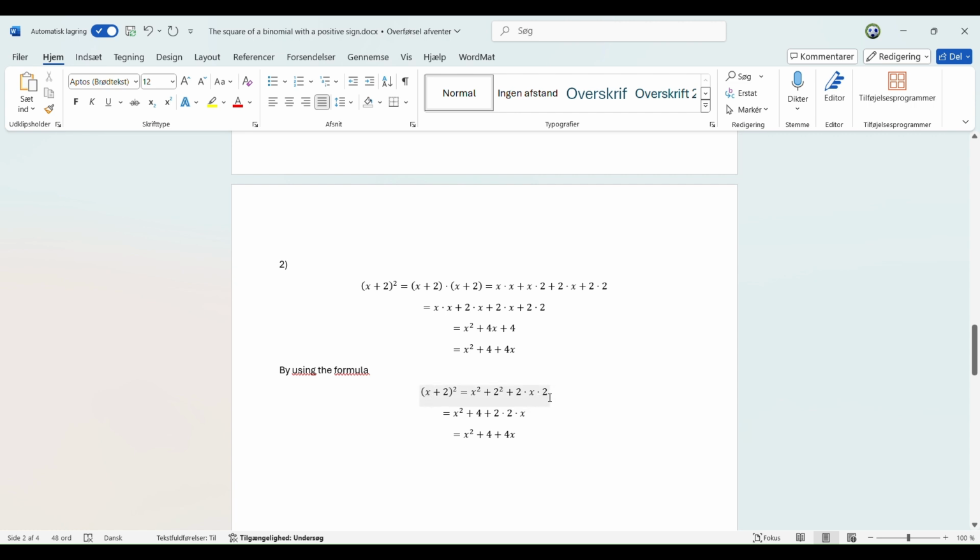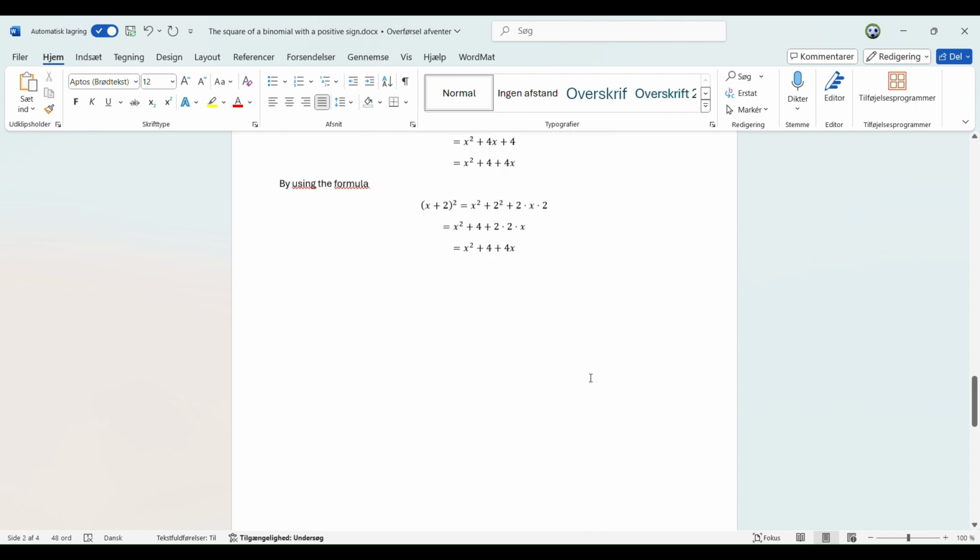If we rearrange and multiply, we get x squared, 2 squared is 4, and 2 times 2 times x, and 2 times 2 is 4, and then we get the same as we did up here. So that was our second example.